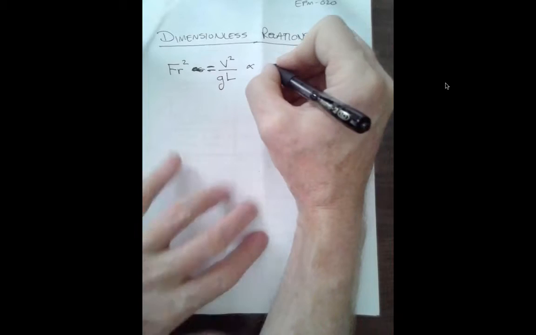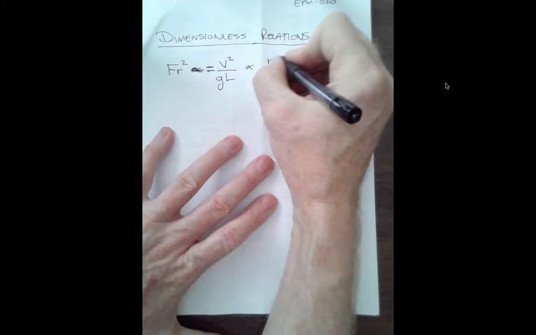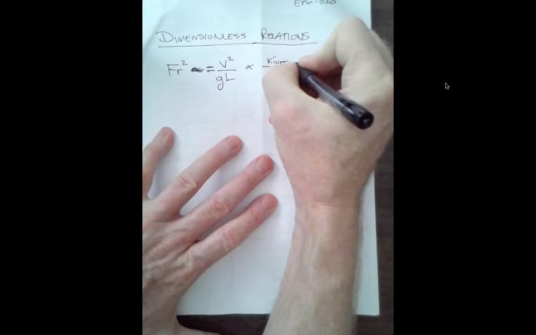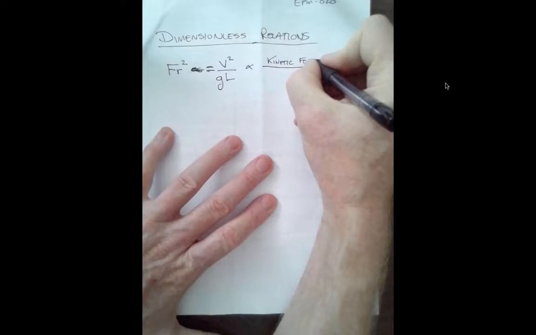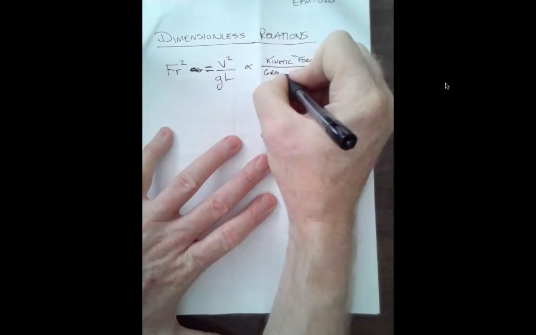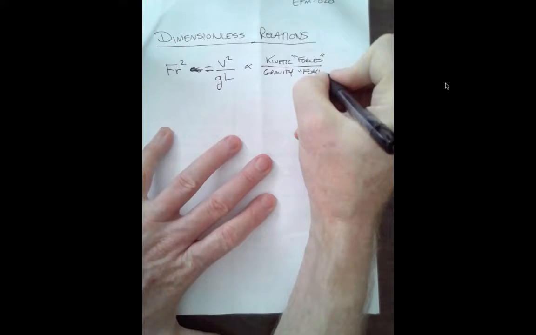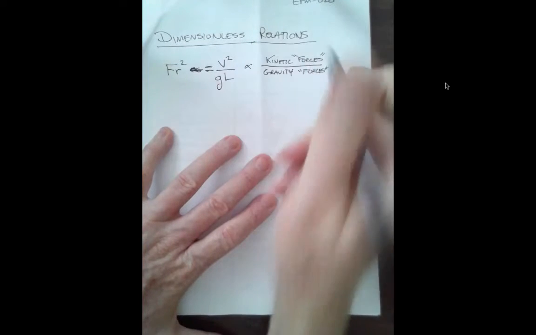That ratio is essentially, I'm using proportional because equality doesn't make sense, to the kinetic forces over gravity. Now obviously for velocity to become a kinetic force, it has to go from whatever value it is to 0.